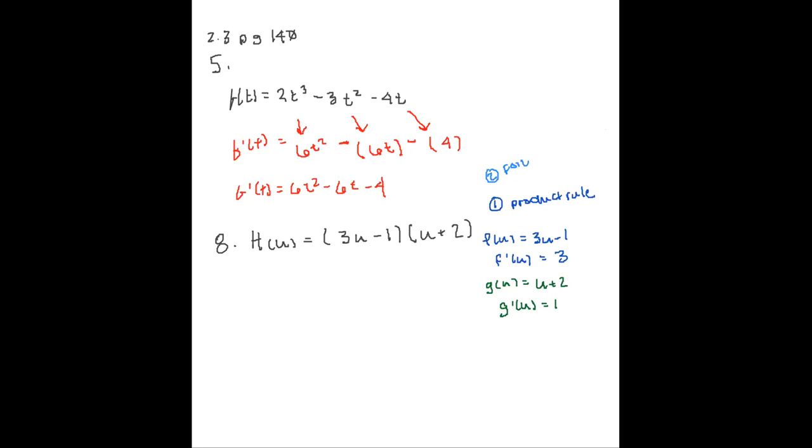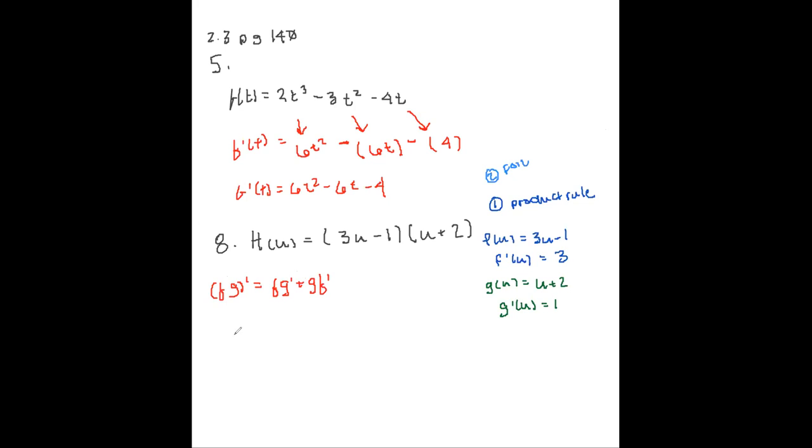So this is going to turn out to be a fairly simple problem. We know that our product rule looks like this. Our product rule says that the derivative of f g is equal to f g prime plus g f prime.